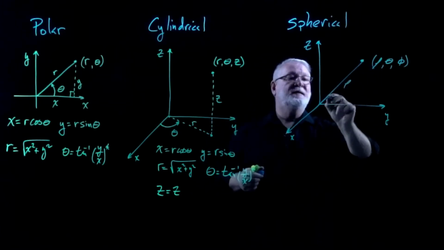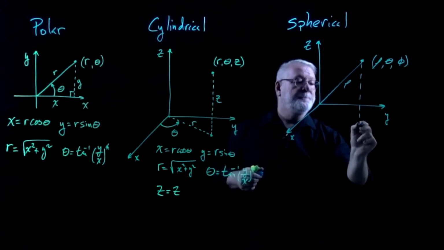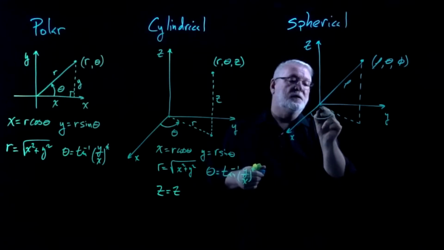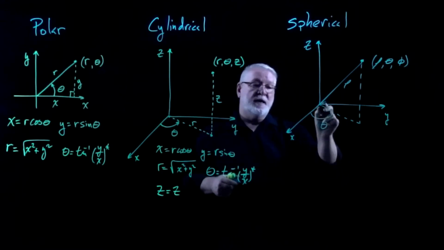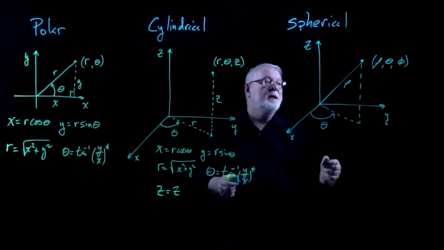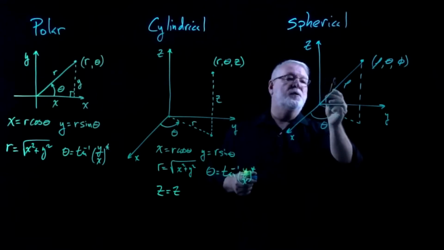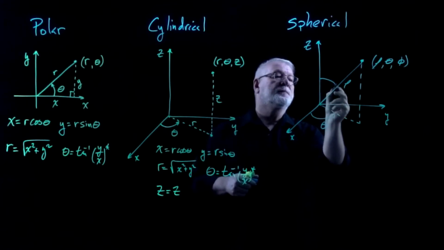If we project that radius down into the xy plane, then theta is the angle that that projection makes with the positive x-axis in the counterclockwise direction. And finally, phi is sort of the tip angle. It's how far rho is deflected from true vertical measured from the z-axis.